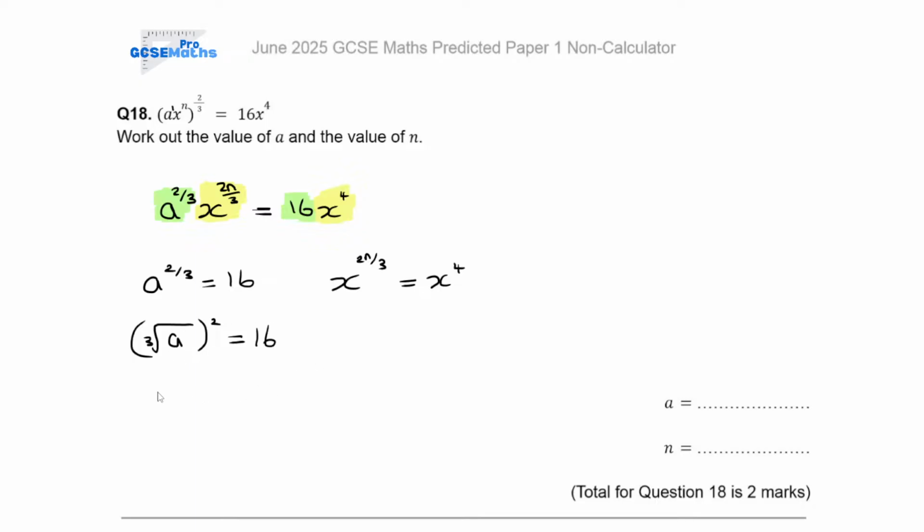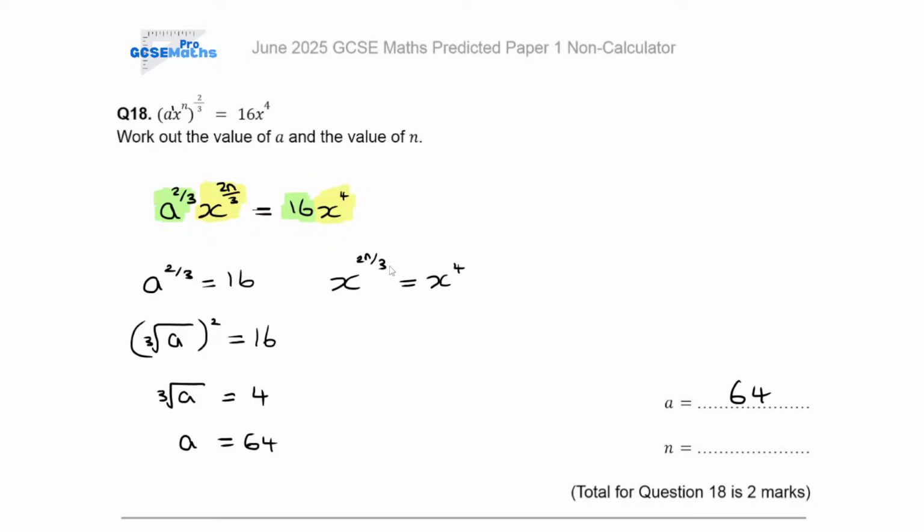So I would obviously square root 16 again. Obviously it has to be a square number in order to square root it, and then I would cube both sides, so that's 64. So a is 64. And then for the x one, obviously we're working out n.